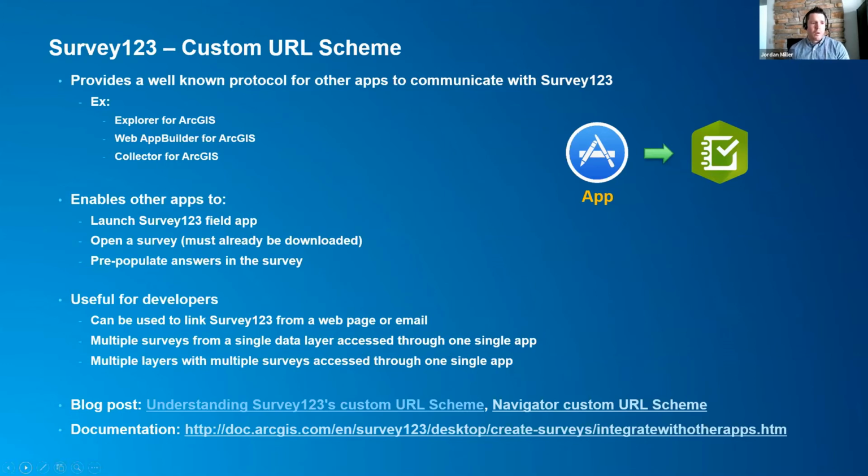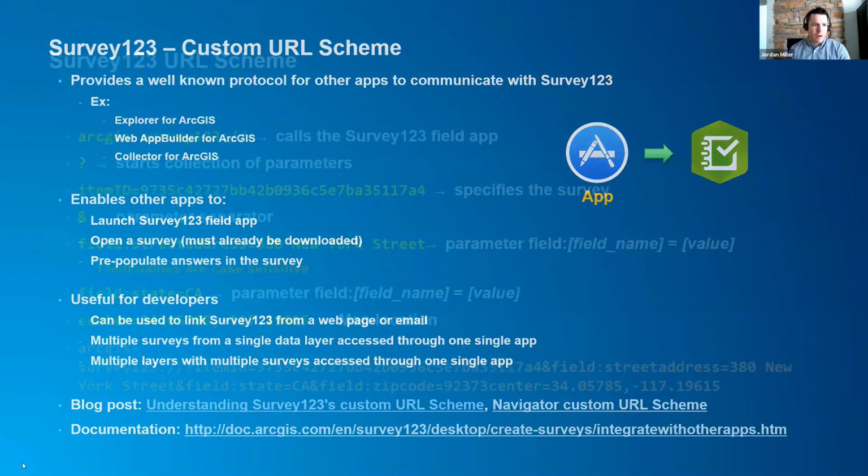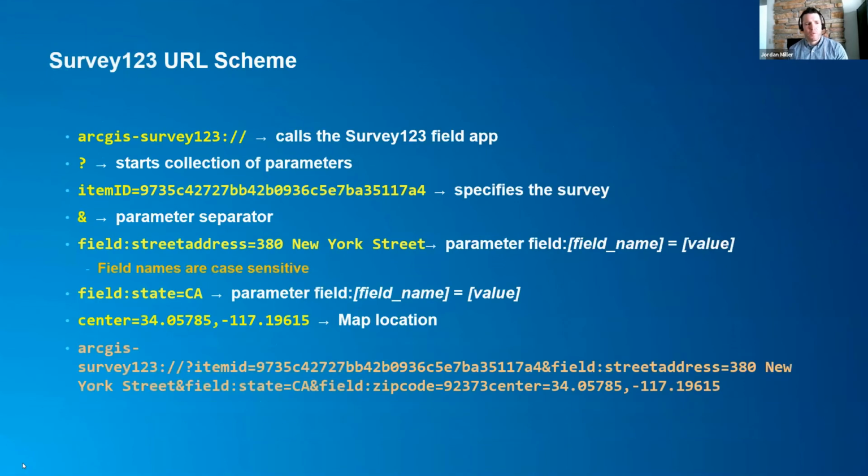But anyway, what it's going to allow you to do is, from one application, you can actually launch the Survey123 application by leveraging that custom URL scheme. So what do I mean by this? Well, it might look like a big, long, messy URL, but it's specifically telling it what to do.